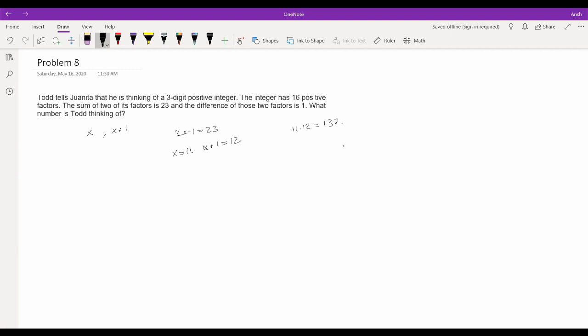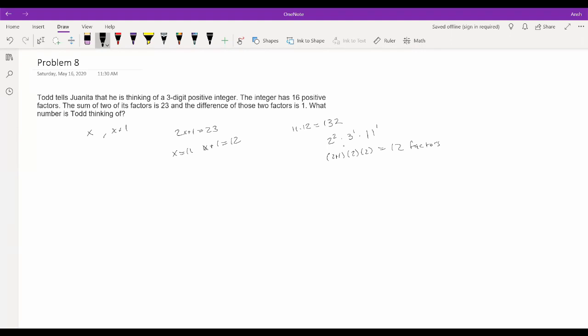If we find the prime factorization of 132, we get that it's 2 squared times 3 to the 1 times 11 to the first power. So that would mean, using the formula that we had from the beginning of this lecture, it has 2 plus 1 times 2 times 2 equals 12 factors.